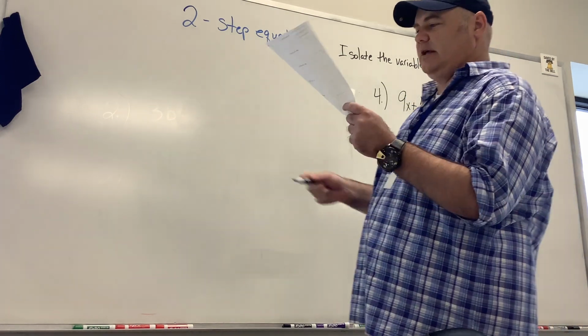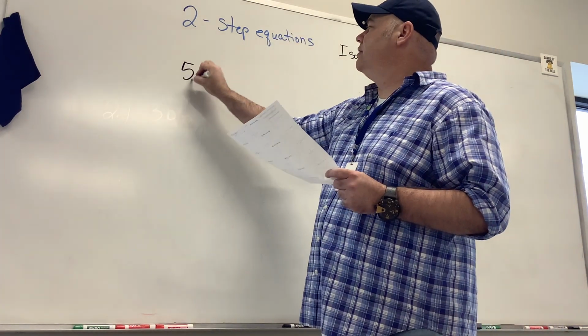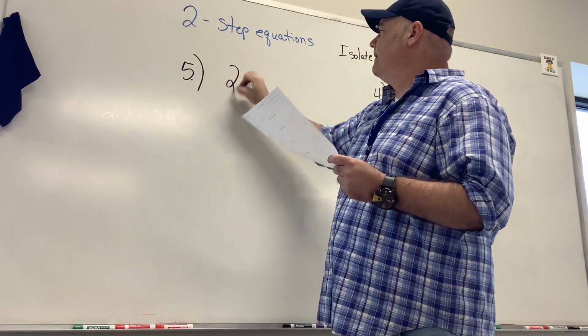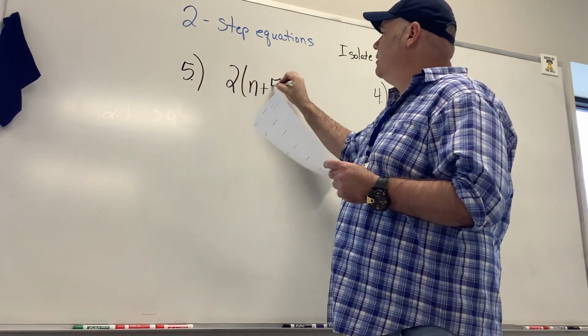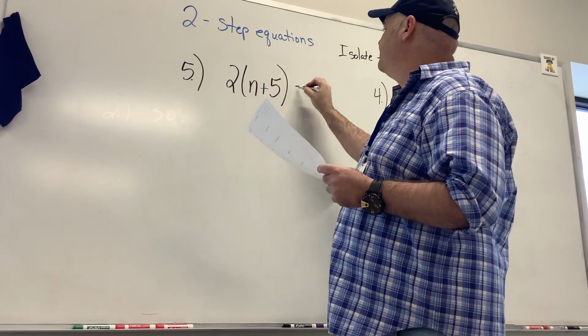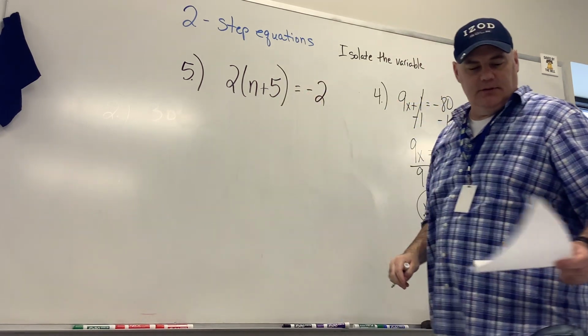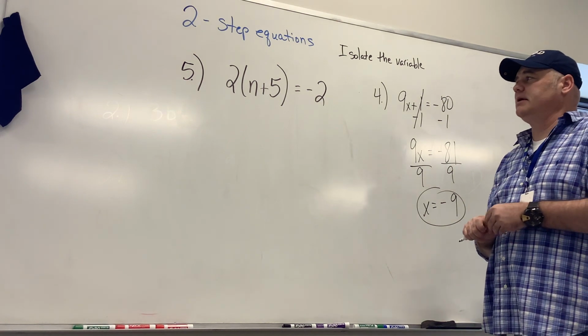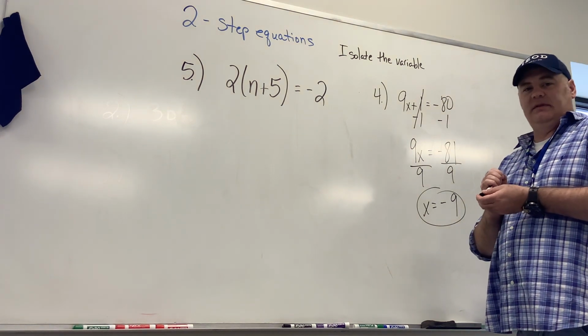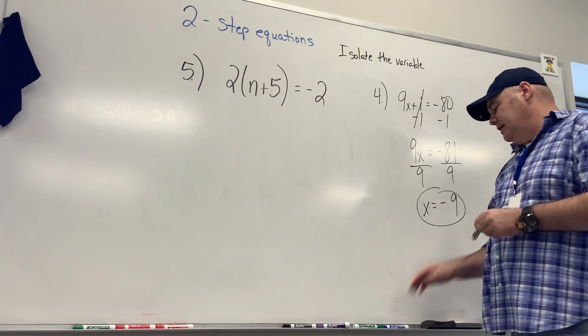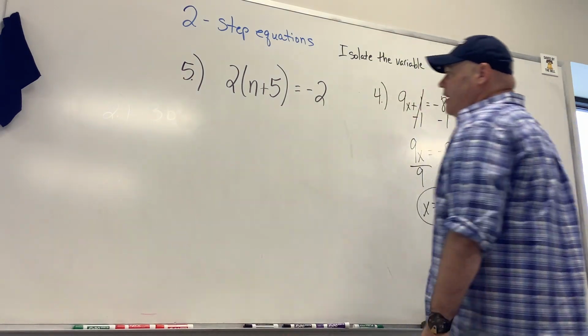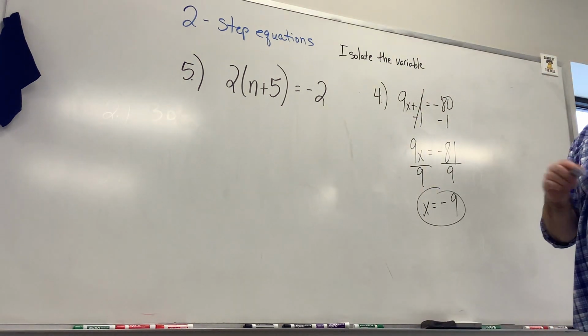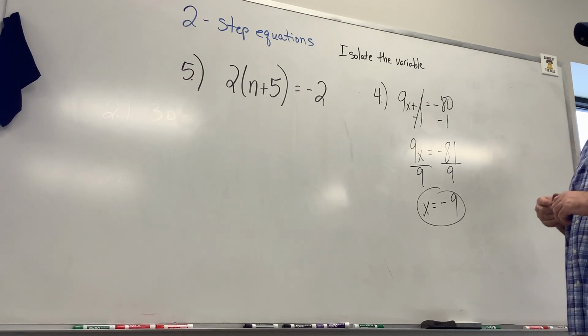Okay, so let's look at this one. This one's going to put a distribution part to it, okay? So this one could almost qualify as a multi-step because we're going to have to do a step and then it's going to be a 2-step equation. But they're kind of funny with that, just like the ones that we had to use the negative x and solve for that.